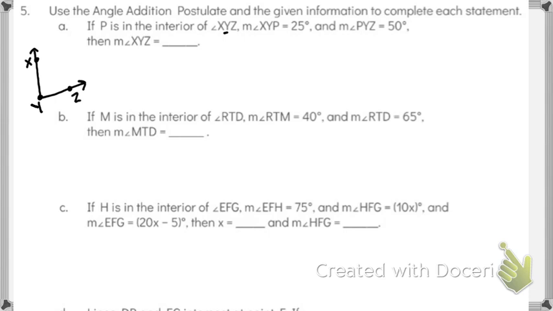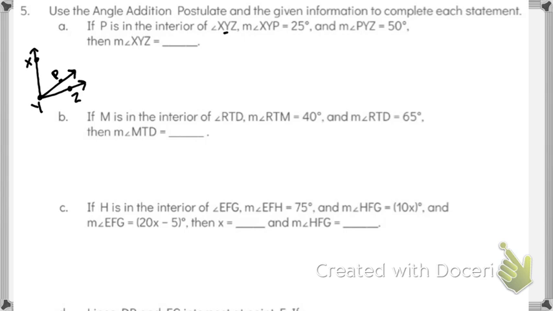And then it says P is in the interior, so it's located inside like this. Now remember, to avoid confusion, I just put it a little bit off center. You notice how that ray with the P on it is not right down the middle of the angle. If it's helpful to you, color code it. If not, don't worry about it.